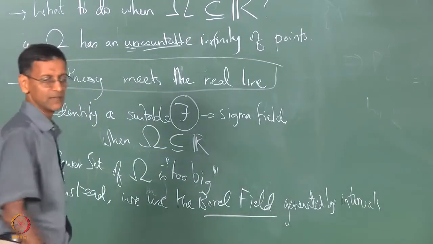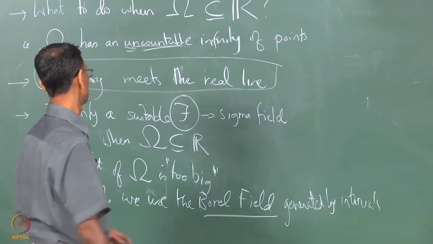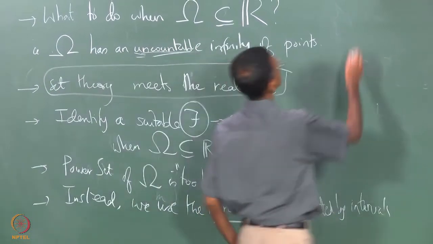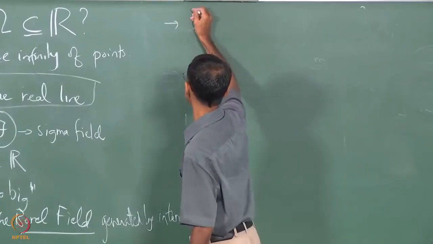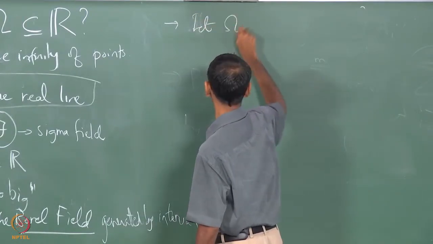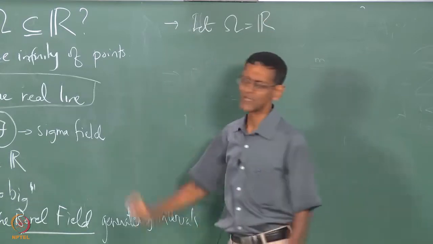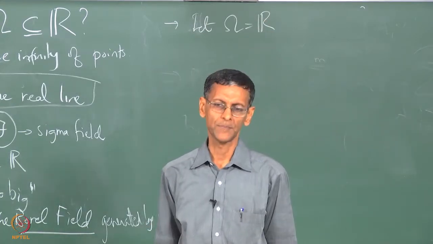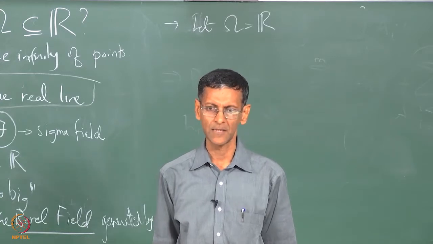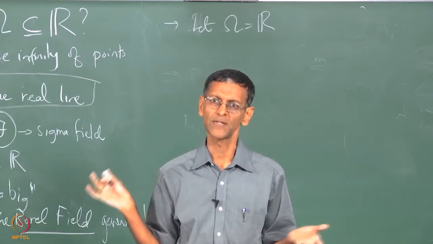Supposing you start with, assuming omega equal to R itself. After all, any portion of R you can easily generate, you can do the same thing, it's not a problem.